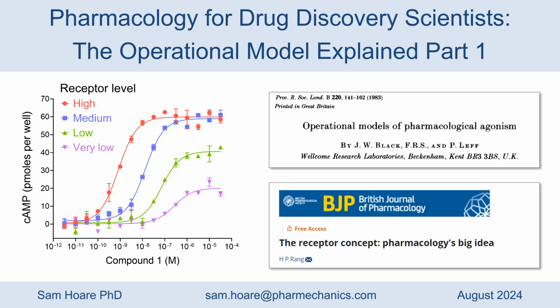This model was derived before we understood how GPCRs function, before the isolation of G proteins and the cloning of receptors. This leaves us with a problem. The operational model is often explained in the mathematics and language of traditional receptor theory developed over 50 years ago.